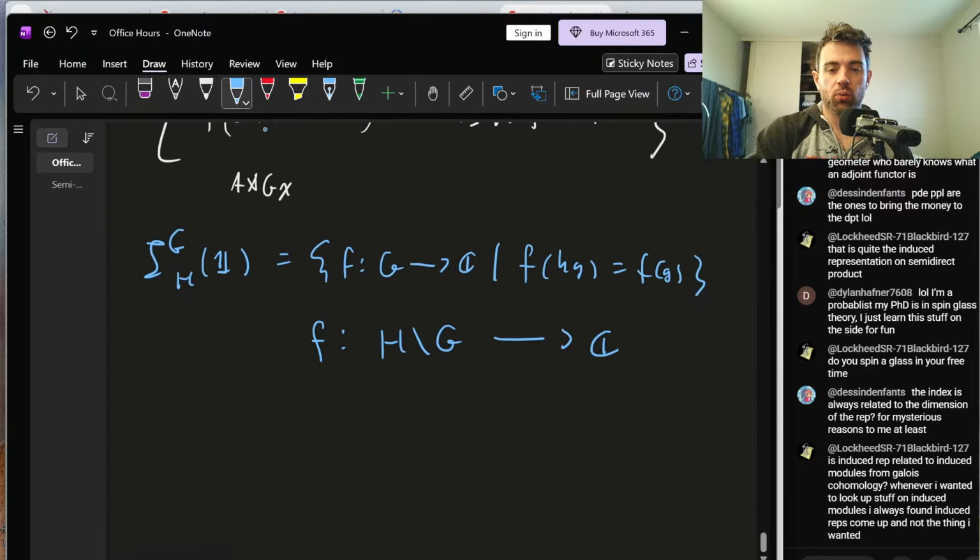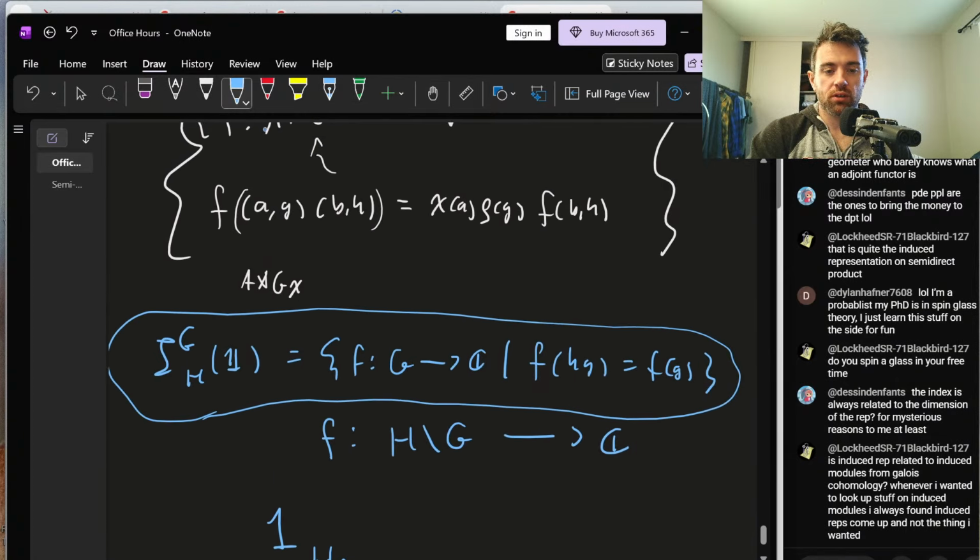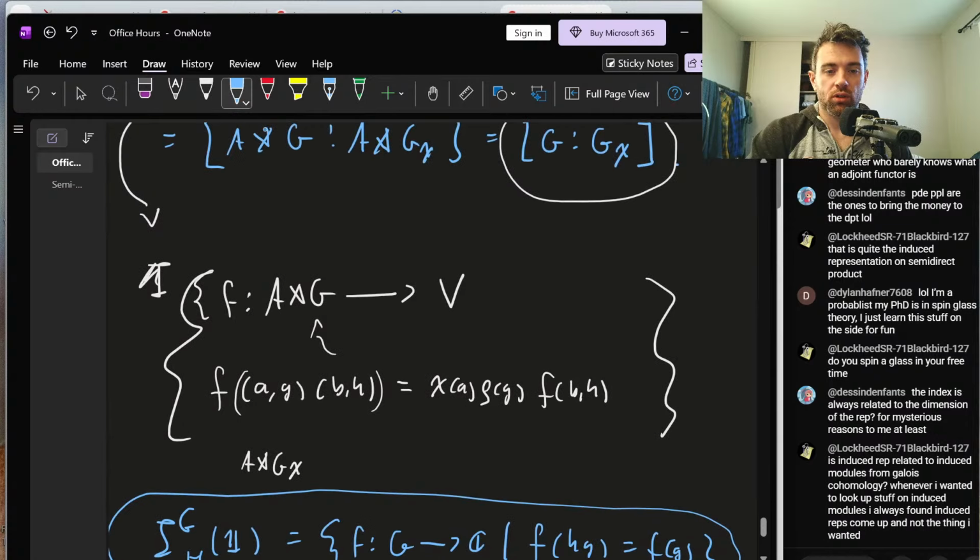And so basically this will have a basis of functions being the indicator functions for the different cosets. And so you can see in this case that the dimension will just be the index of H.